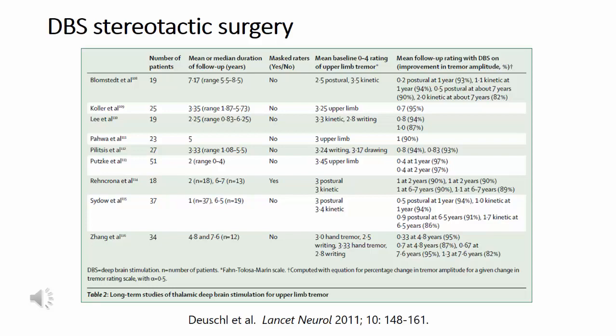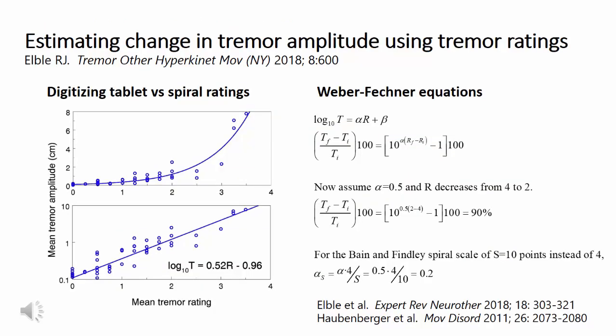Ernst Weber and Gustav Fechner were psychophysicists who found that human perception of a physical quantity was logarithmically related to the magnitude of the physical quantity. This psychophysical law was found to be true for the relationship between tremor ratings, which are basically human perceptions, and tremor amplitude as measured with linear motion transducers.